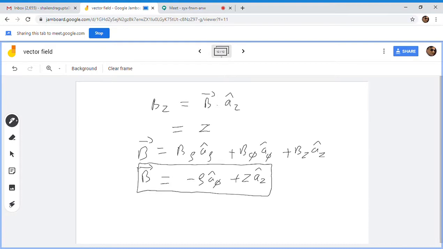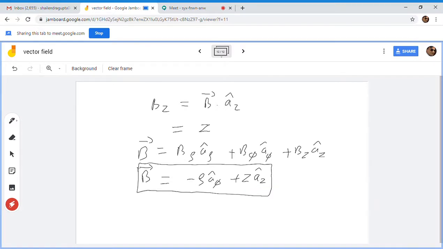We have converted a vector field that was given in the xyz coordinate system to cylindrical coordinates. This magnetic field, or B field, has two components. One is a phi, the rotating, angular component, and the other is the az component, in the az direction.